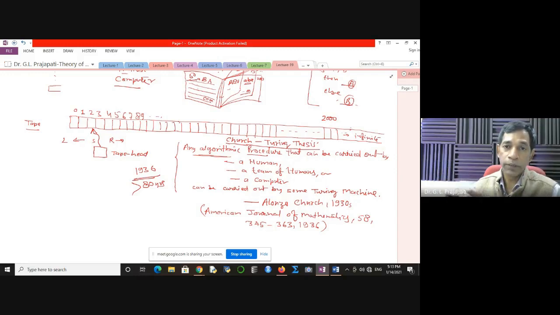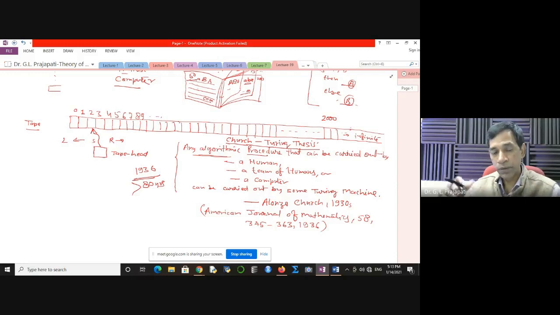In fact, if a human being is not able to compute it, if some team is not able to compute it, or some computer is not able to compute it, then we also cannot compute it with the help of a Turing machine. But whatever you can compute with the help of a computer, or people in a group can solve, or a human being can solve, the Turing machine can also solve the same problem.